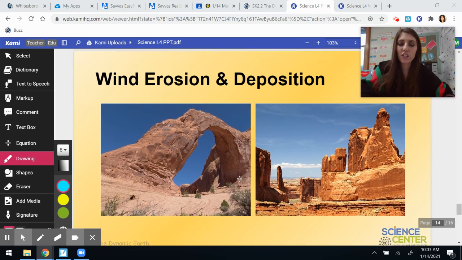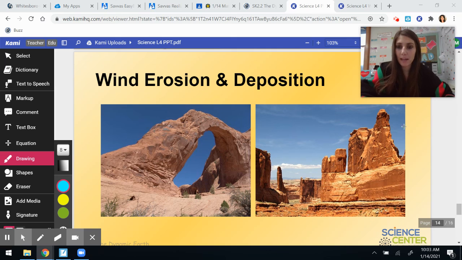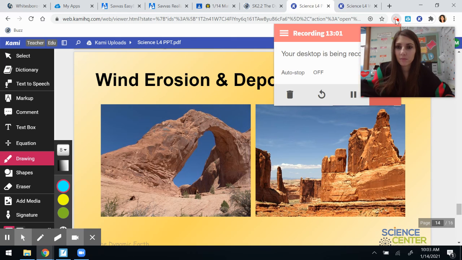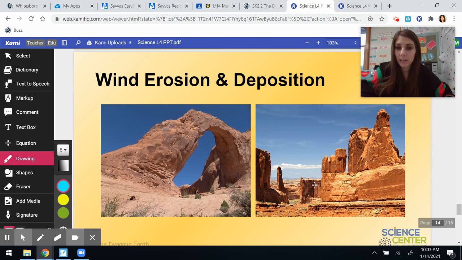Here are some other pictures of how this can happen. All right, these rocks just aren't like this for fun. They weren't sculpted like that. These rocks have maybe a hole in them, or are vertical and have cool shapes because of wind erosion.